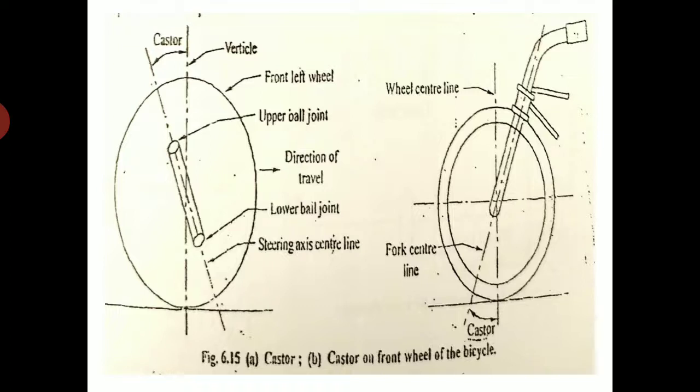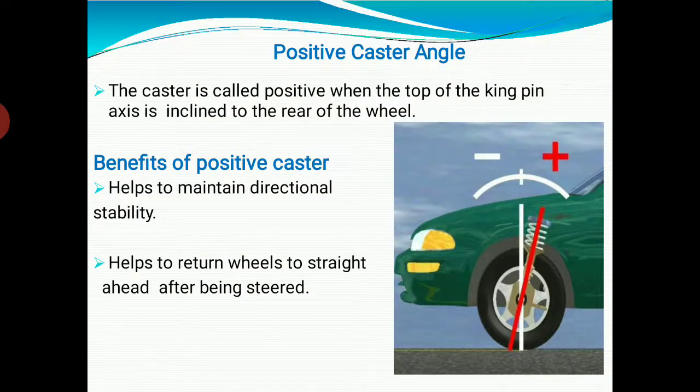The caster angle is provided even on furniture rollers and on the front wheels of a bicycle. The positive caster provided in both these cases causes the wheels to be pulled in one direction. You can see this in bicycles, rollers, or trolleys. There are two types of caster angle, positive and negative.